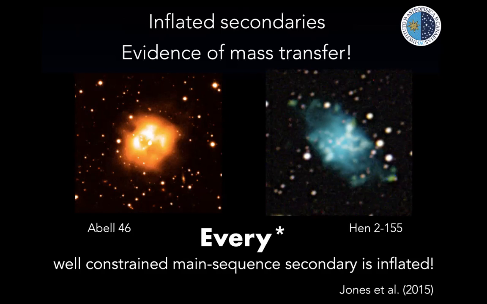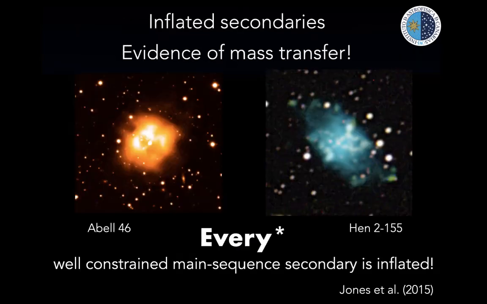And this is a pretty strong indication that even though during the runaway phase of mass transfer we know that these stars can't accrete very much material, because there's a strong entropy barrier between the surface of the star and the material that ends up filling its Roche lobe, these stars have at some point experienced significant mass transfer. Perhaps not a lot of material, but at least very fast. This is a strong indication of accretion.